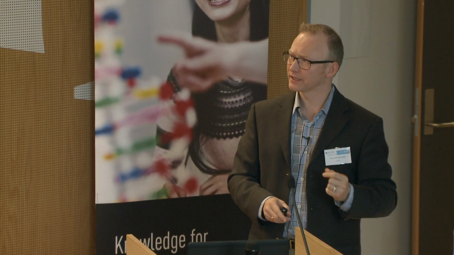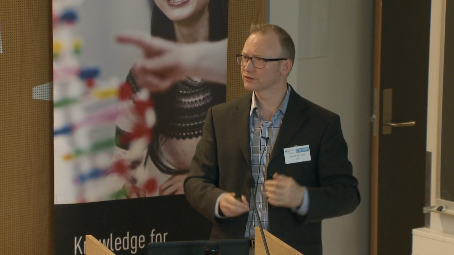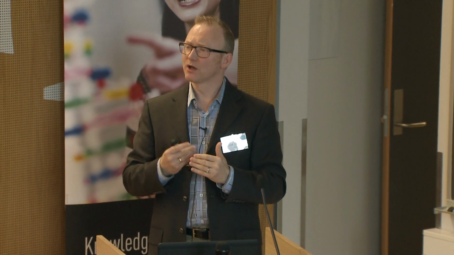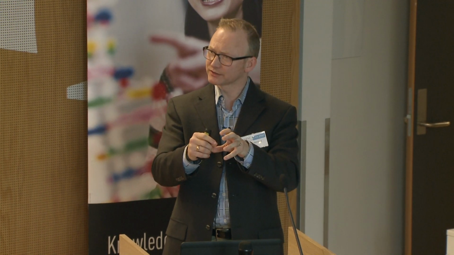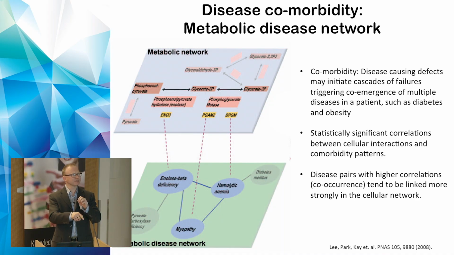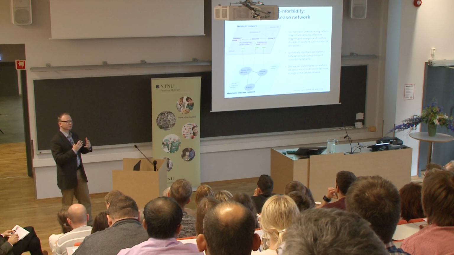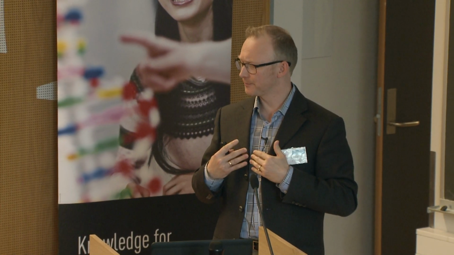Going through many millions of Medicare data records, looking at the ICD codes and seeing what type of diseases happen, what is the chance of getting a disease if you're coded with one particular disease? And you see that neighboring diseases in the network have a higher chance of co-occurring than if they're far away in the network. So there is a propagation, sort of spreading effect, also in this network for disease development.